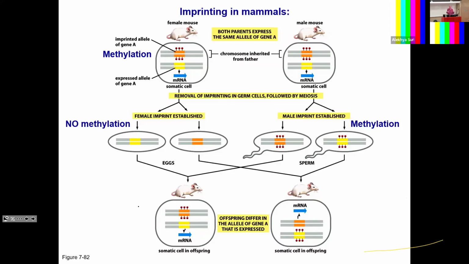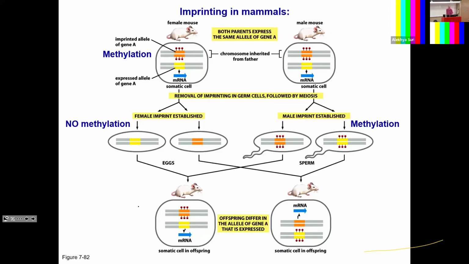These are diploid cells. When you go to germline cells, sperm, oocytes, you undergo meiosis. So this is a process that creates cells with one set of chromosomes.